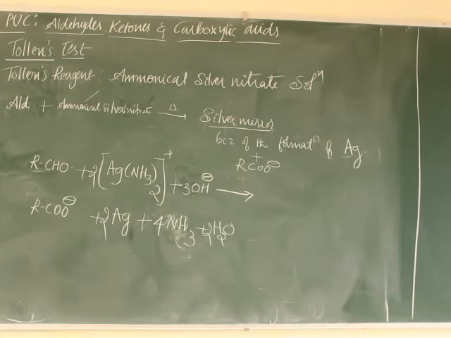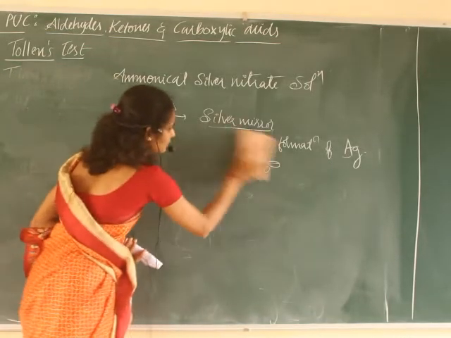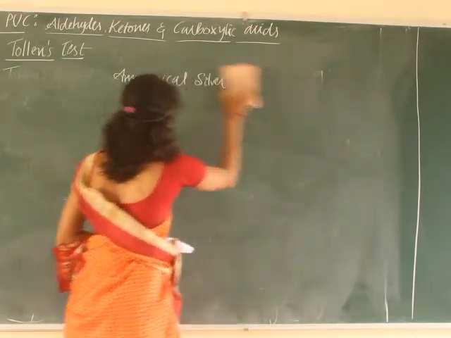Next is Fehling's test. Fehling's test is also one of the important tests to identify the aldehyde group present in a compound. Just we'll see the reagents of Fehling's solution.